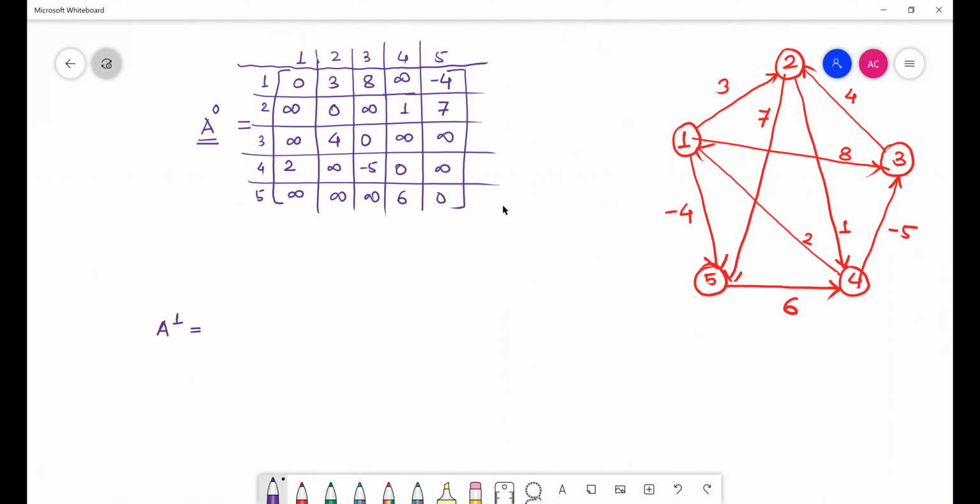Now A1 matrix is for node 1. अगर नोड 1 के लिए मैट्रिक्स बना रहे हो आप, तो नोड 1 के जो रोज और कॉलम्स है, दोज विल बी अनटच्ड. वो तो वैसे के वैसे ही रहेंगे जो मैट्रिक्स A0 में है. मतलब 1 से 1 जाने के लिए जो कॉस्ट है वो तो सेम रहेगा ना. 1 से 1, 1 से 2, 1 से 3, 1 से 4 और 1 से 5, ये कॉस्ट चेंज होगा क्या इफ यू आर स्टार्टिंग फ्रॉम 1? No, sir.